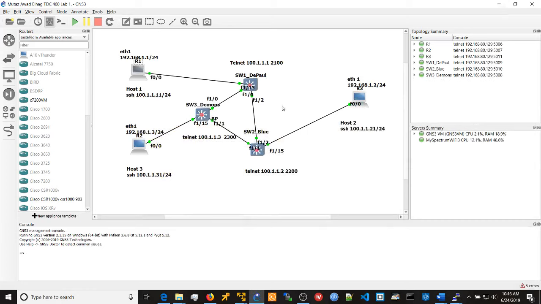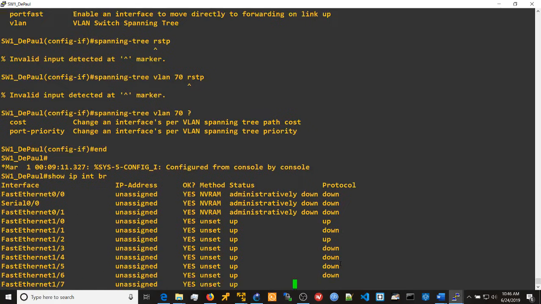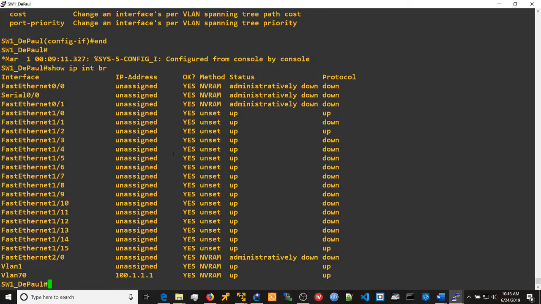So let's look at switch 1. Show IP interface brief, and here Fast Ethernet 1/0 is up, and 1/2 is up, and also VLAN 70.